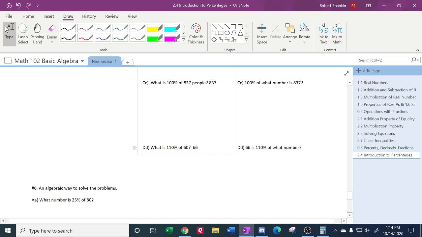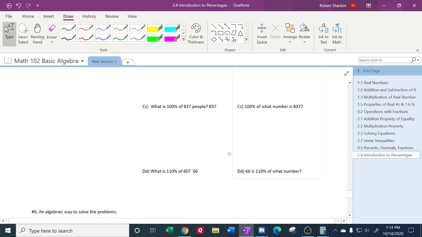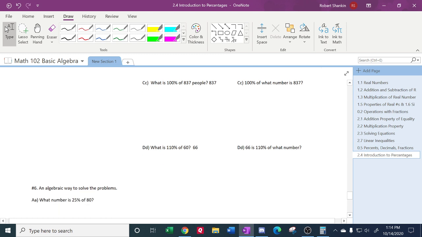But what we're going to see is that it's really very similar to this, and if we can understand these, we'll be able to understand these better. Okay, so we're going to take a break now, and when we come back, we'll be looking at algebraic ways to solve these things.